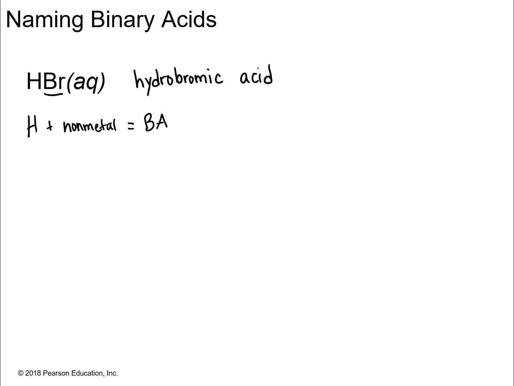So you do that step first, and then once you know what you have, you move on to, okay, binary acids are named by using the hydro and then the root, and then IC, followed by acid. So it's a multi-step process. We're just focusing on those steps in two different areas. We talked about how to classify, which is is it a binary acid or whatever, in the first part of this lecture. Now we're doing the naming and writing chemical formulas, but all of those things go together. So just remember that.